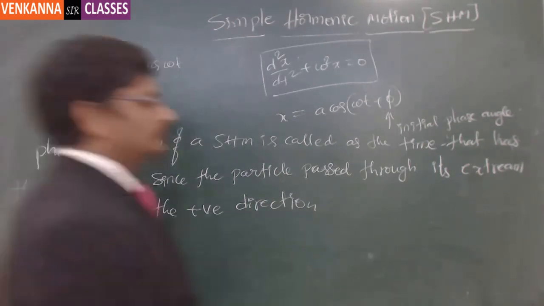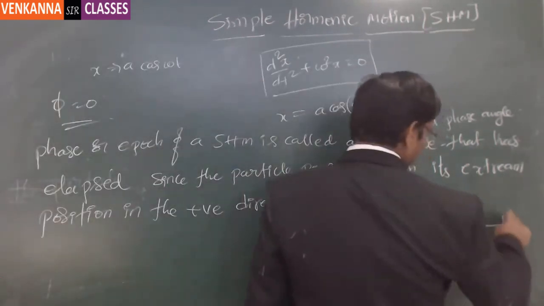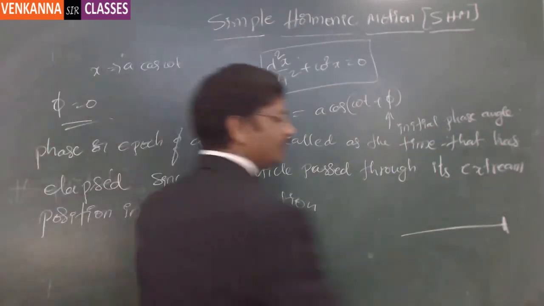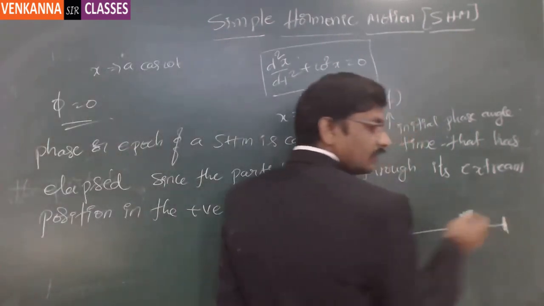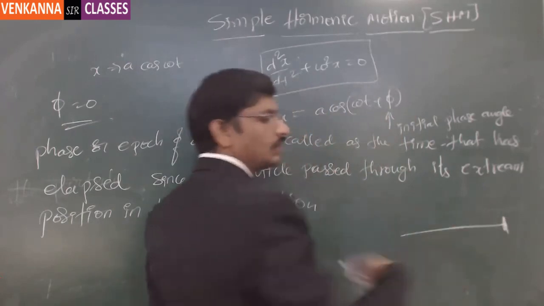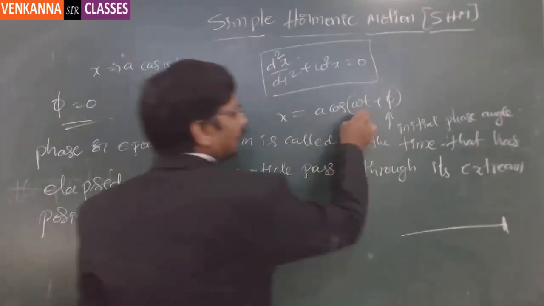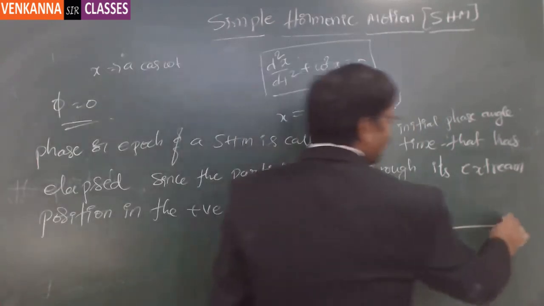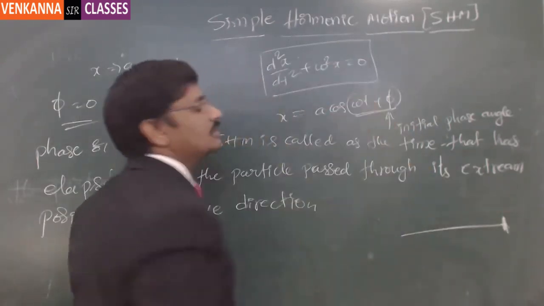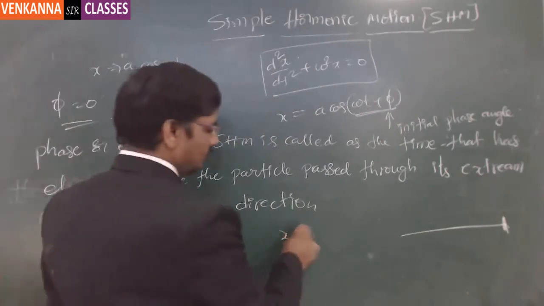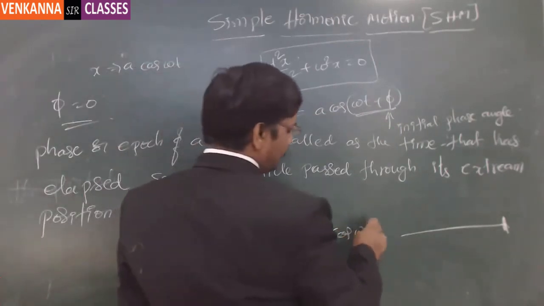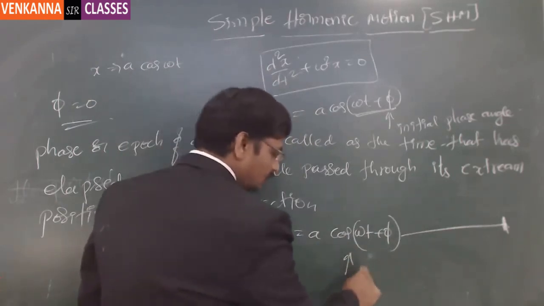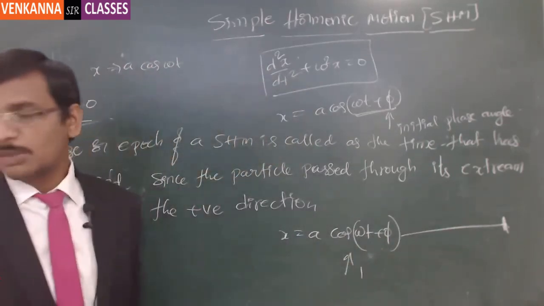By definition, suppose this is the extreme position in the positive direction. Initially when it crossed this point, from there you start counting the time, and in this equation t keeps on increasing. The extreme position can be met only if this value is maximum. That means x is equal to a cos(omega t plus phi) is maximum only when the cosine value is 1, which is the maximum possible value.